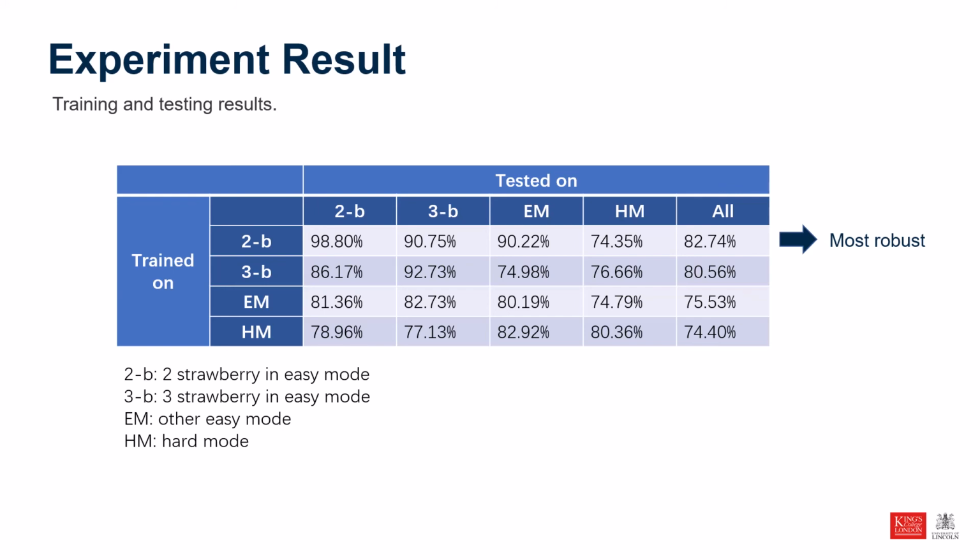Comparing different rows, it is noticeable that the 2 strawberry dataset is the best choice to train a robust classifier. There is also a clear difference between easy mode results and hard mode results, as classifiers trained on 2 strawberry mode work very differently on the hard mode dataset compared with other easy mode datasets.